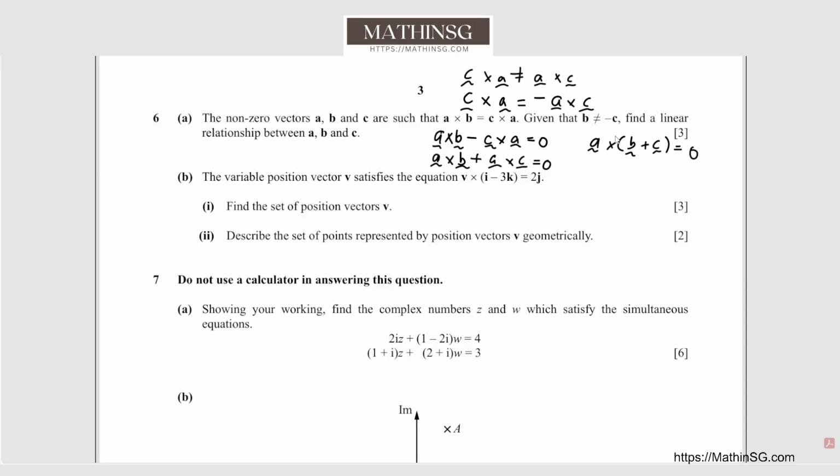That means b plus c cannot be equal to 0. Since a is not 0 and b plus c is not 0, the only thing we can conclude from here is a is parallel to b plus c. So we can rewrite it as a equals k(b plus c), where k is real. That is what we do for part a.